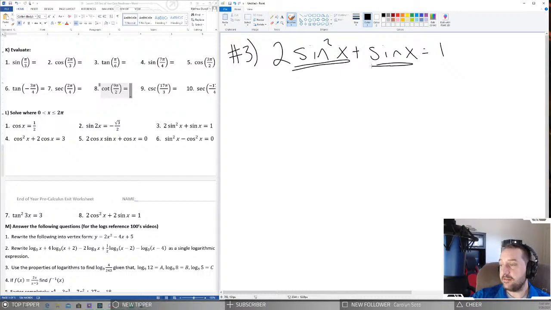The second thing I need to think about is that it could be quadratic. So if it's quadratic, set it equal to 0. Minus 1 equals 0. So how does this factor?